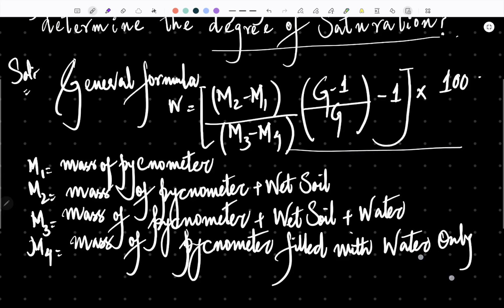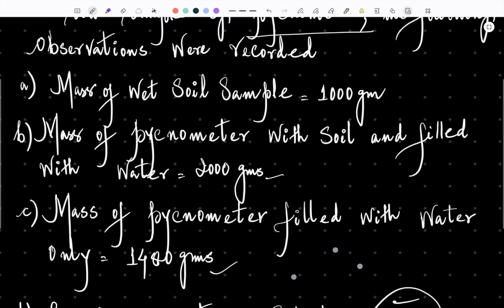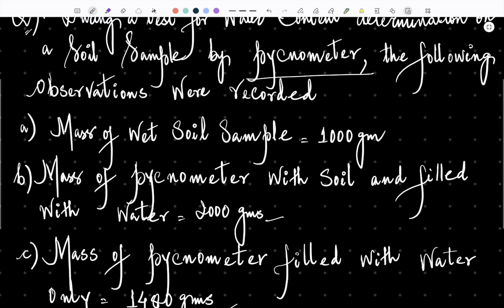All right, so let's see. The mass of wet soil sample is given as 1000 grams.